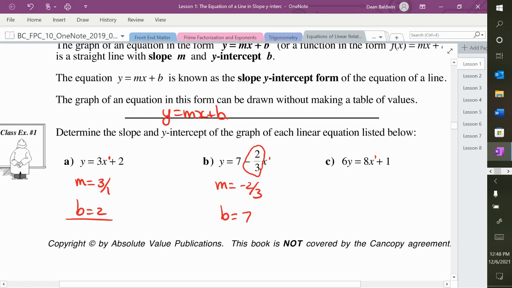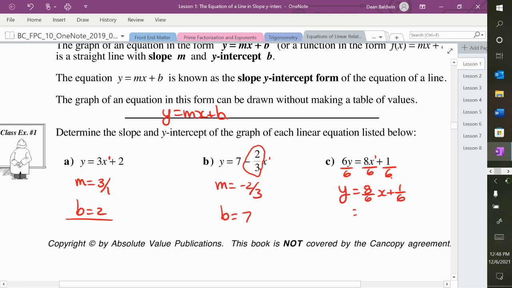All right, what's wrong with the next one? There's a 6 in front, so what do I have to do? Divide everything by 6, because we want y equals. So I get y is equal to 8 over 6x plus 1 over 6.